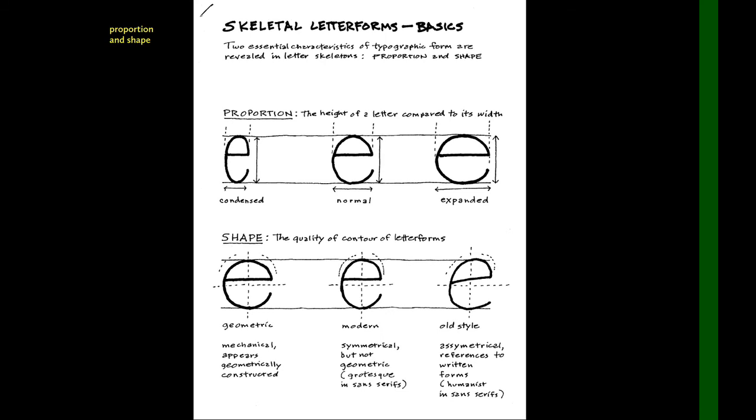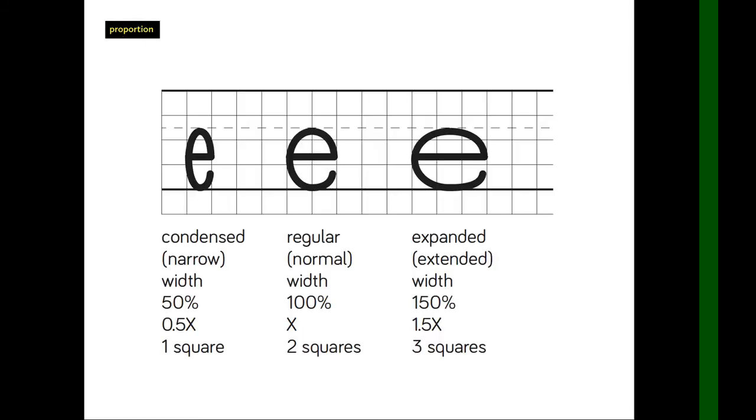So let's get back to our project. Part 2 of Project 1. Now you remember this infographic dealing with proportion and shape. We worked entirely with the normal proportion, which is in the middle of the top there, for part 1. In part 2, you're going to work with the condensed and the expanded.